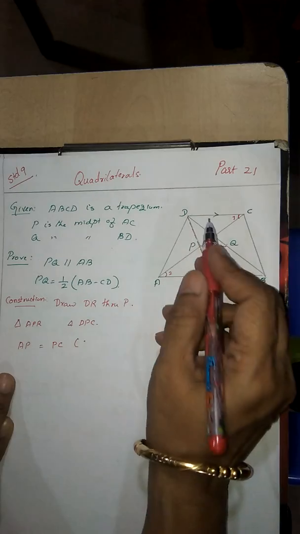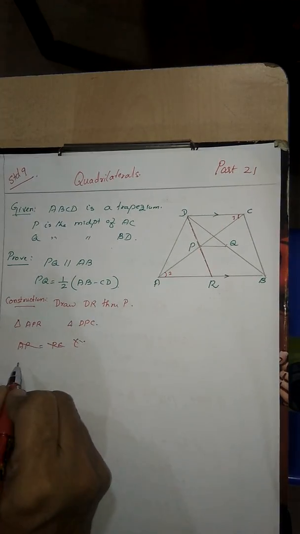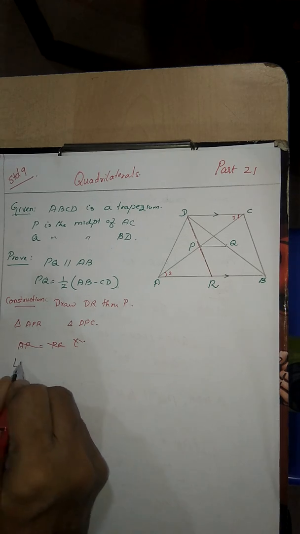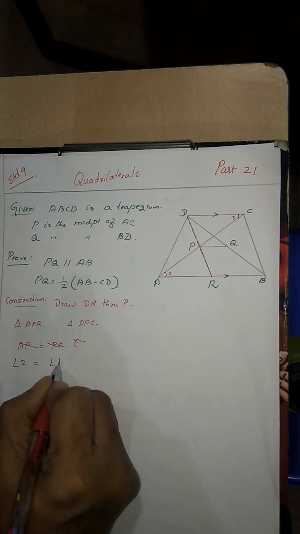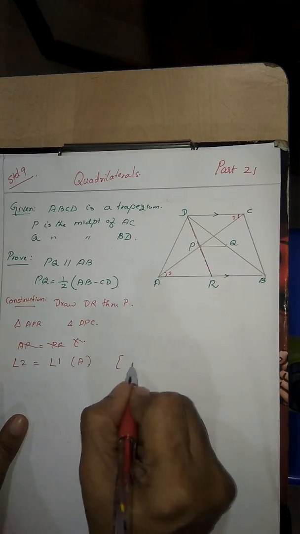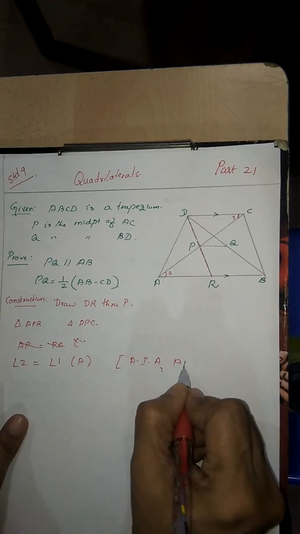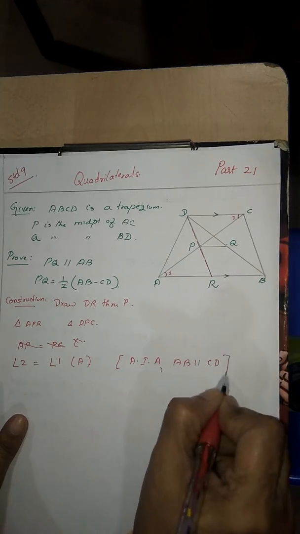So alternate interior angles. We'll write that as the first criteria. So angle 2 is equal to angle 1, alternate interior angles, AB is parallel to CD.